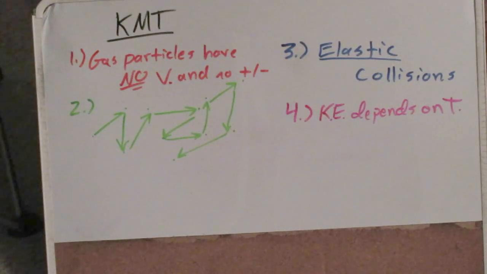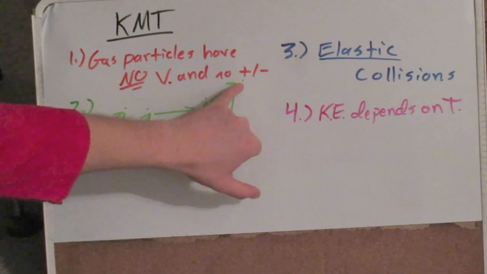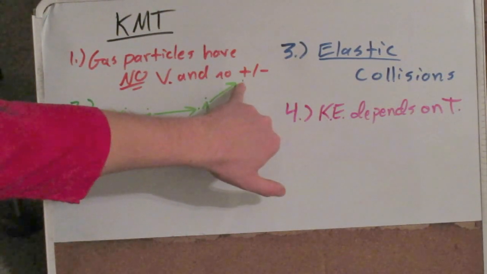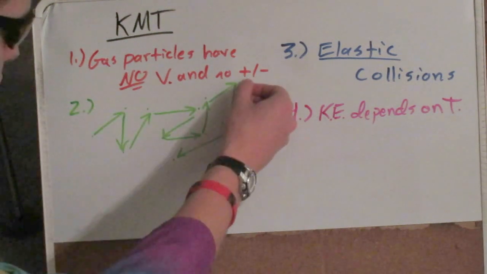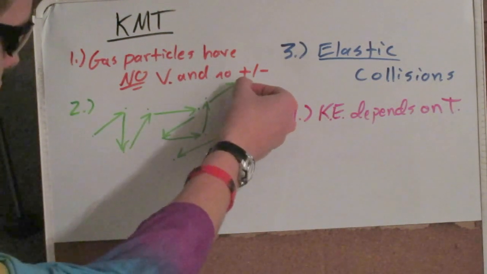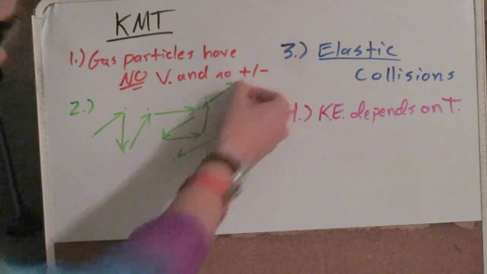The first part of KMT is that gas particles have absolutely no volume and they have no plus or minus forces. You see, for example, if I have this little dot that's right here by my finger, let's even say that it's even smaller than that. I'm cutting it down to size a little bit.